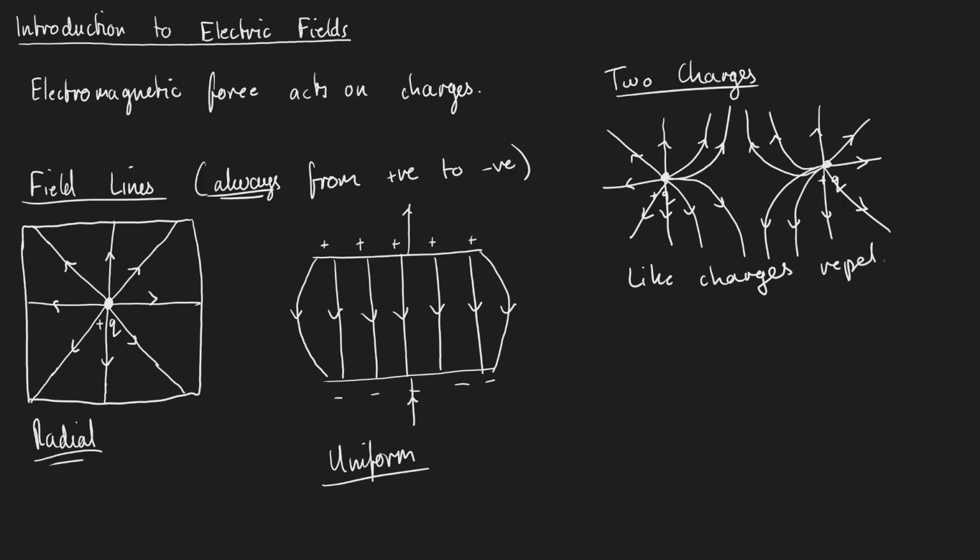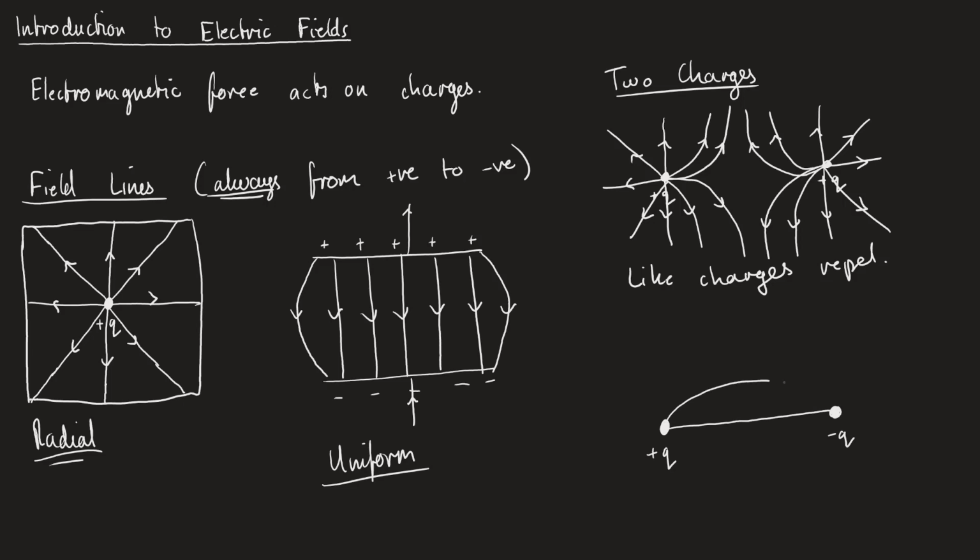This should be very familiar, but if I have two charges where they're opposite, so I have a positive and a negative charge. Let's say I have a positive charge here, this is plus q, and I have a negative charge here, this is minus q. There is now attraction, so it will look the same as the gravitational field lines did.